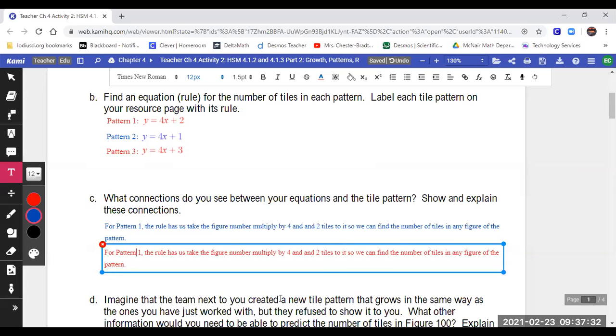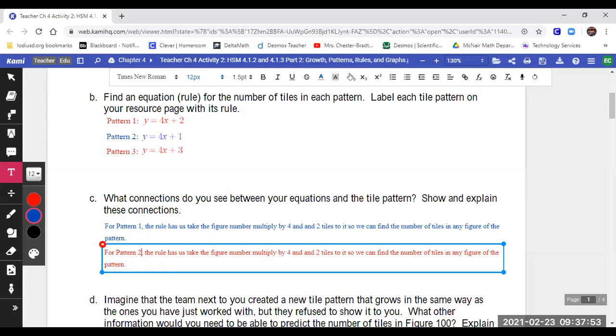So what's the first thing I have to change? So this red talks about pattern 2. I have to change the number 1 to a number 2. Okay, so I'm saying pattern 2, exactly, to tell them it's pattern 2.